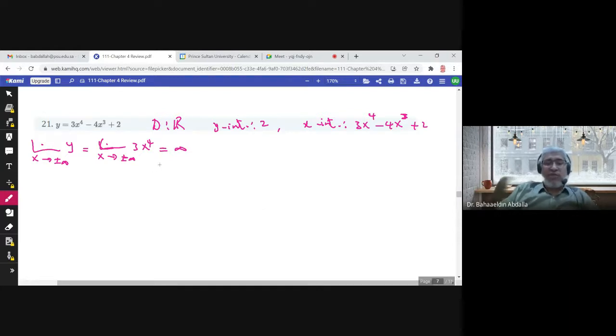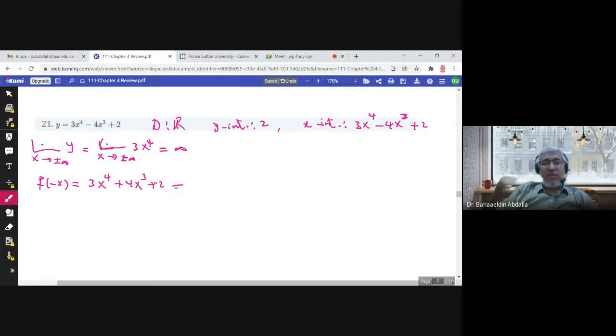So this agrees with our information. What else? Let us discuss the symmetry. Well, this is x to the power 4, this is x to the power 3, so it is neither. If you find f of negative x, negative x to the power 4 will give you x to the power 4, but negative x to the power 3 will give you positive.